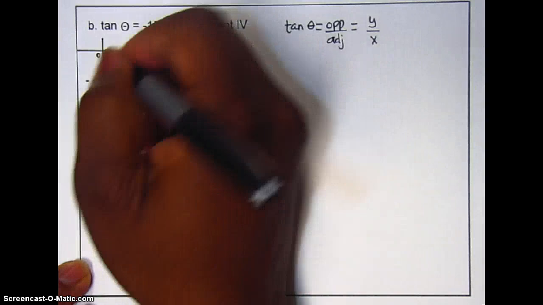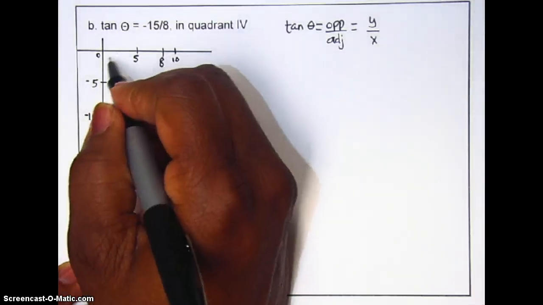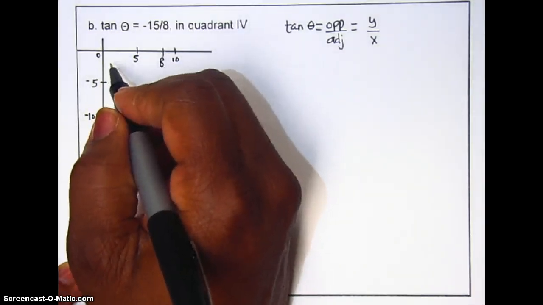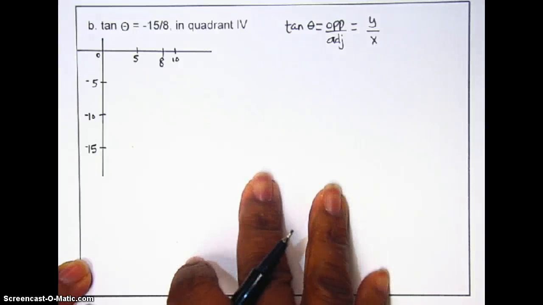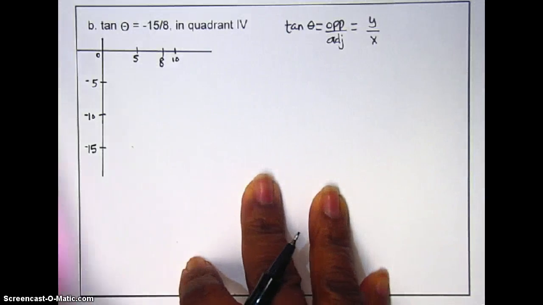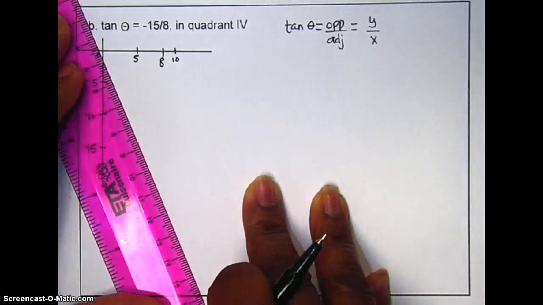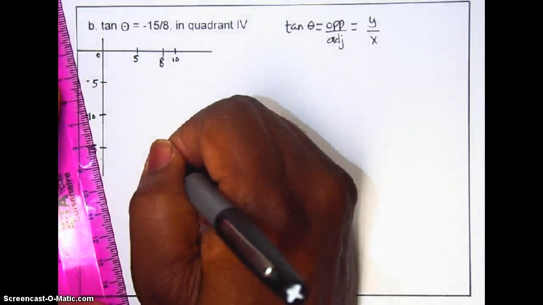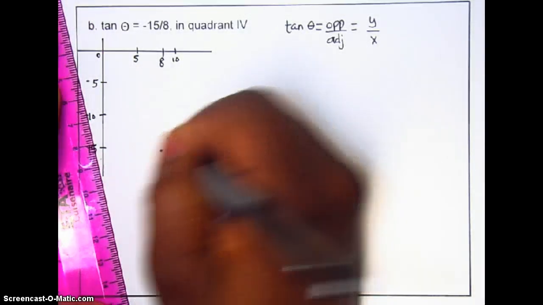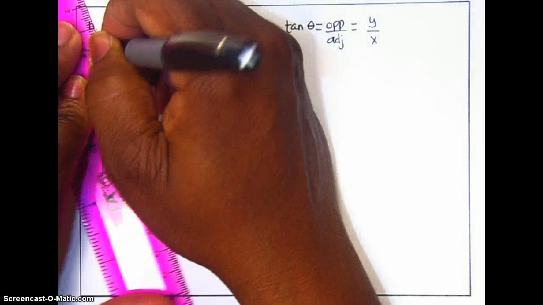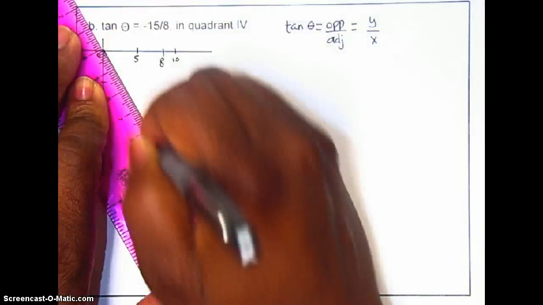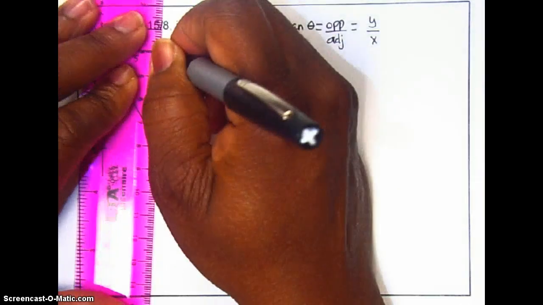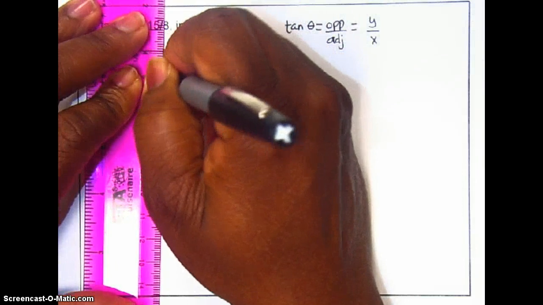And so understanding that theta is measured with the closest x-axis, I'm going to draw in what this angle might look like. So if I had to go down 15 and over 8, I'm about here. And so I would be looking at a triangle that could be created like this.